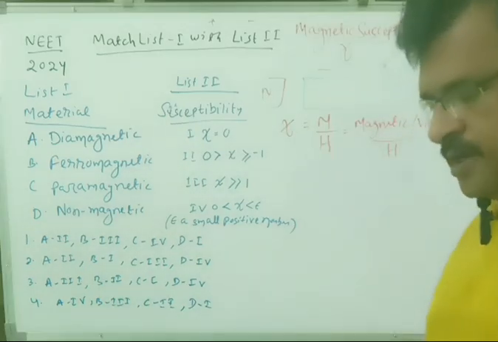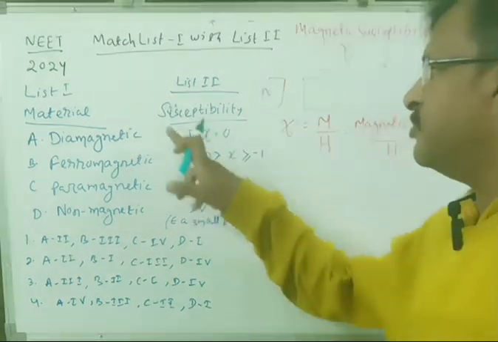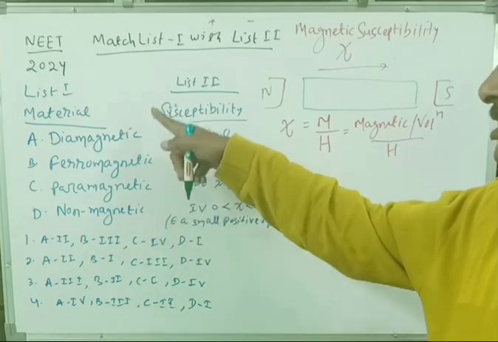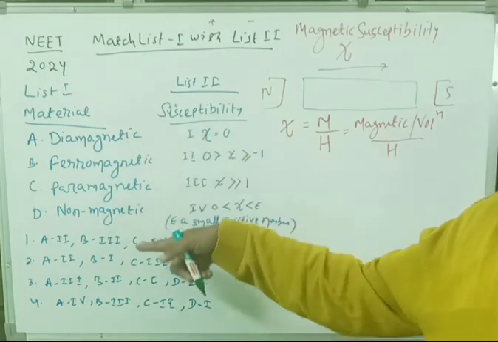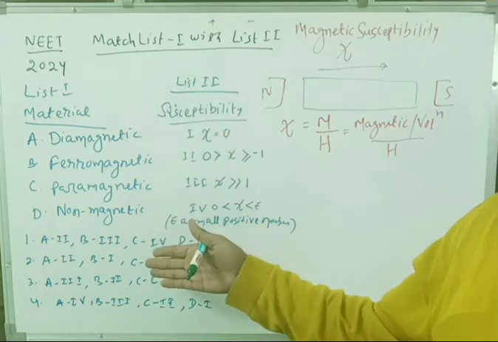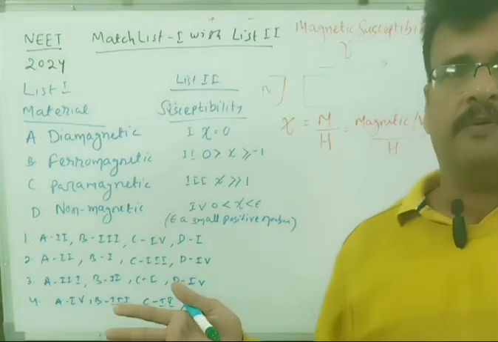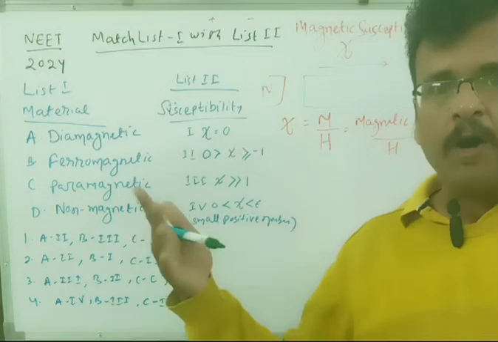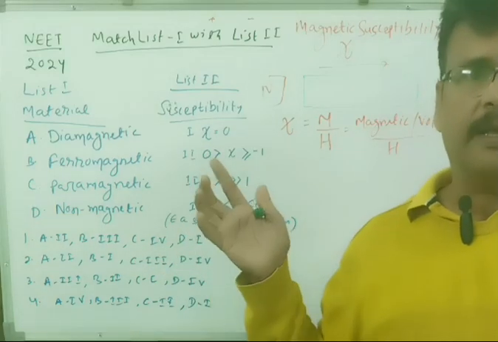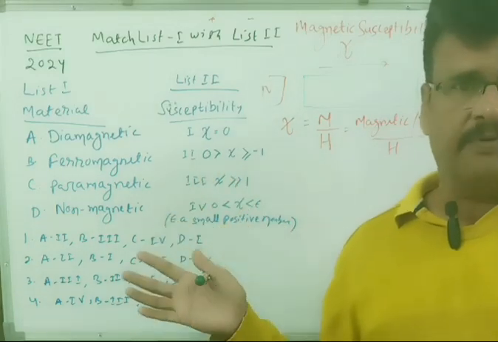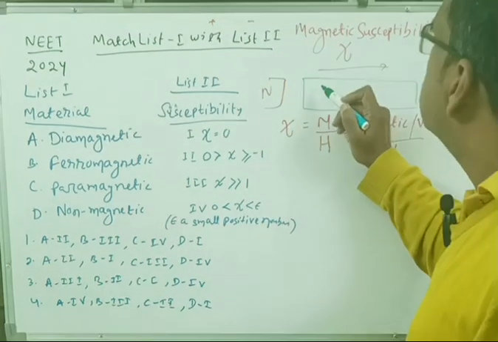In list 1, four types of materials are given. Materials can be divided into four types depending upon how they behave to an applied external magnetic field.